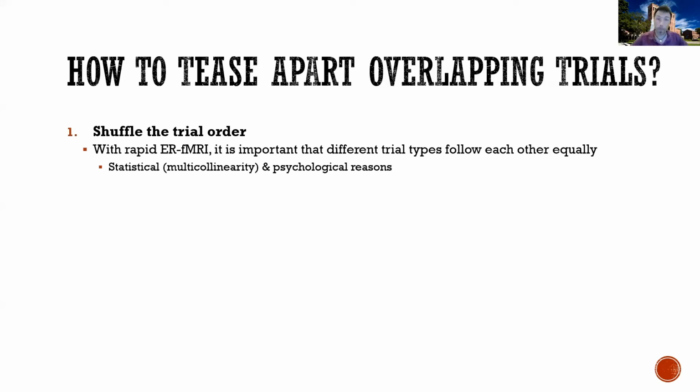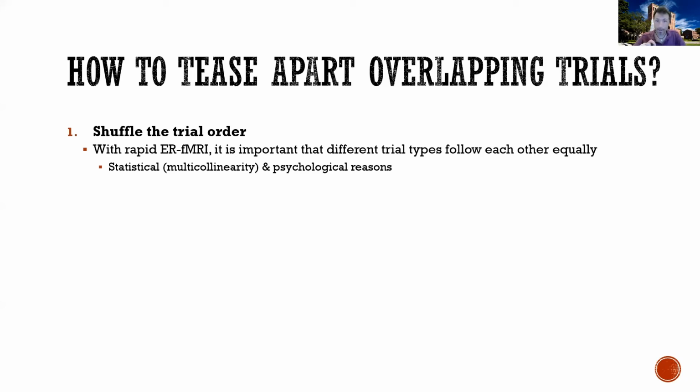At this time, the more important aspect is the psychological aspect. Because if you imagine that there's something in the shuffling of your experimental design that is not fully well done, maybe your participant might detect that.